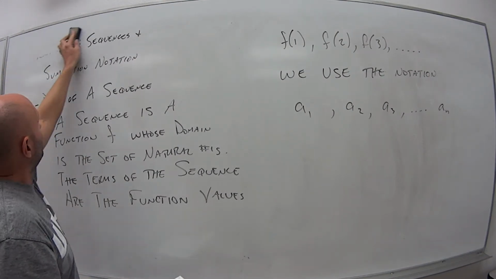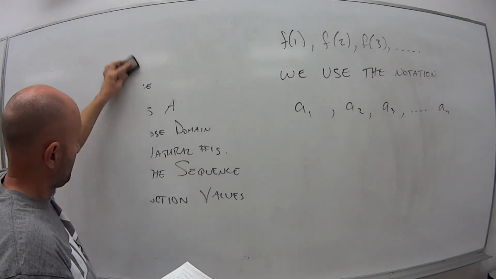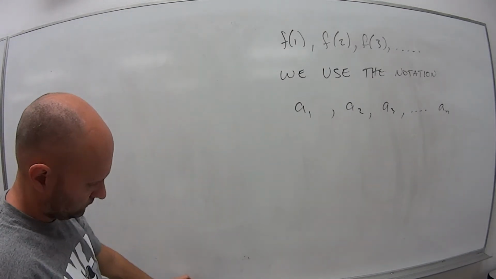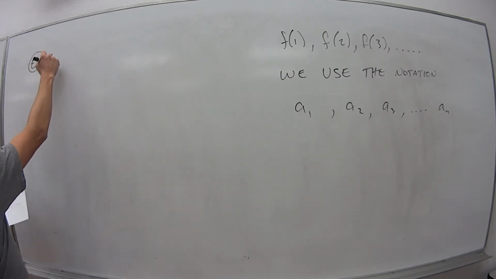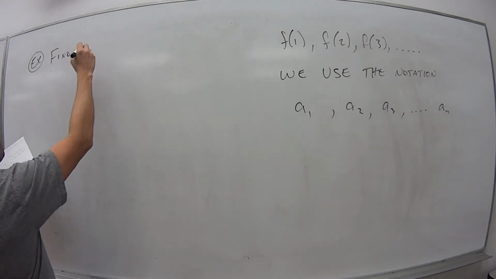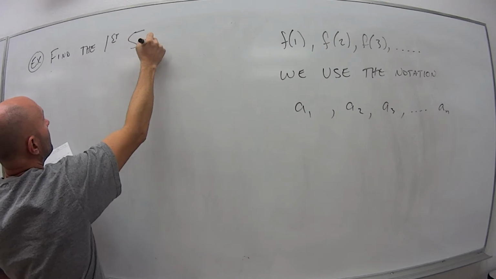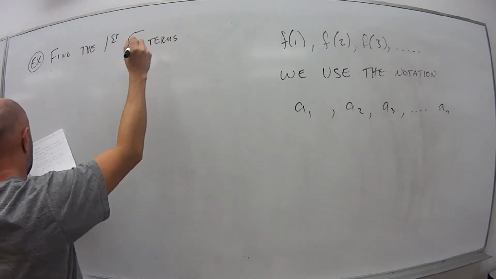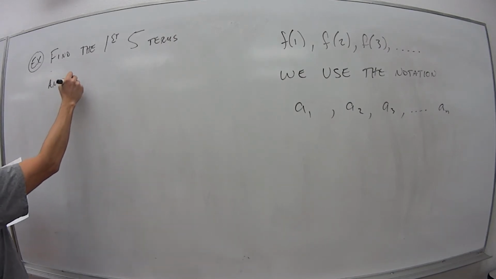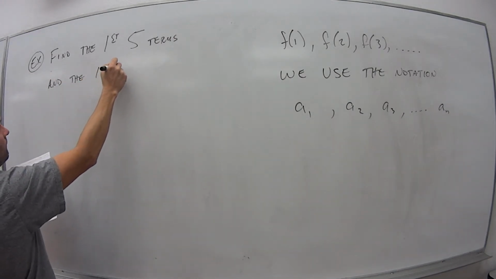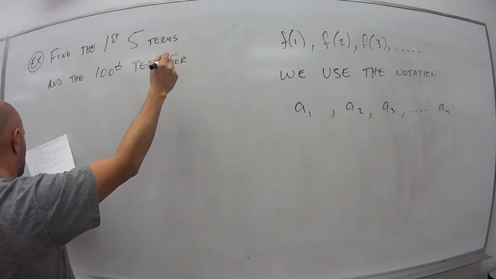So let's look at an example here. Let's say we want to find the first 5 terms and the 100th term for the following function.